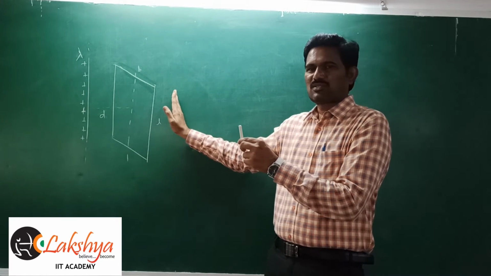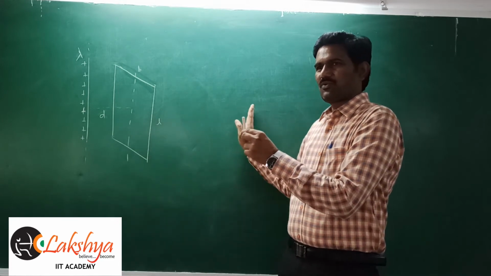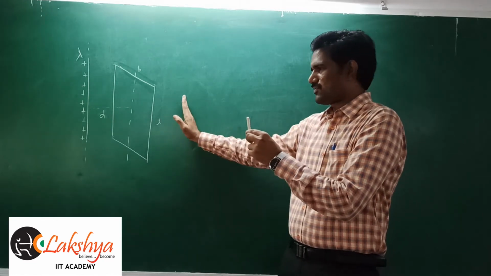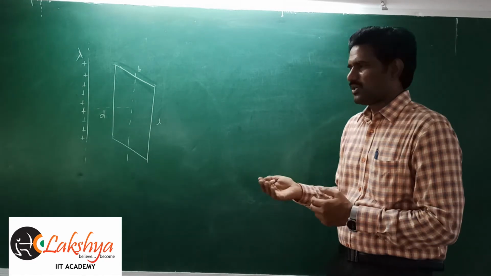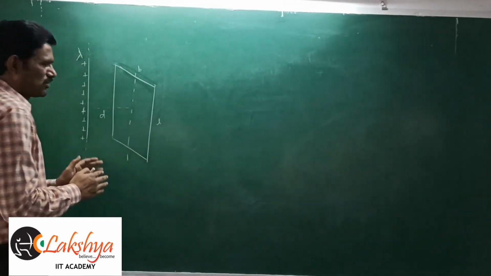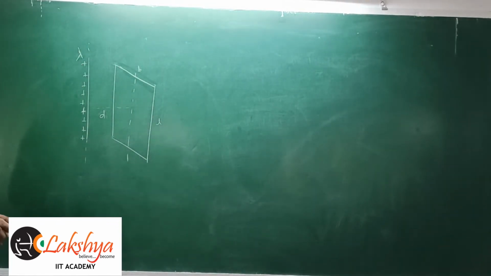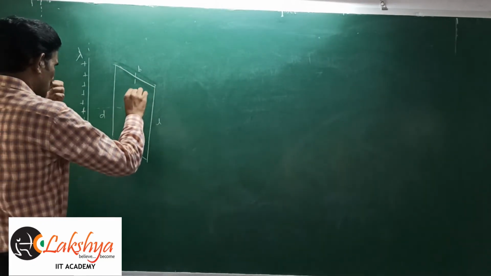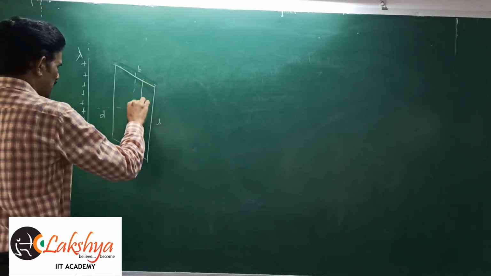Because the distance of the line of charge from this point is different, and from this point is different. So both the magnitude is changing as well as the direction is also changing here. So now suppose I am taking one element like this.